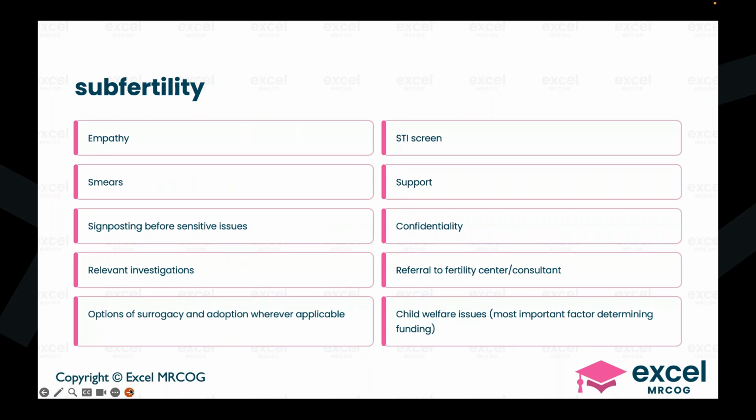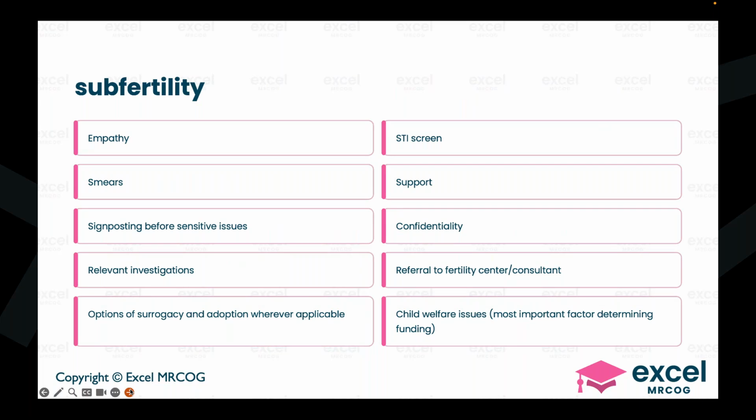Do not forget referral to fertility center, consultant, etc., whenever that is needed. Confidentiality and signposting are very important. We have already discussed this before in the subfertility module. Child welfare issues are important while deciding funding. For example, there is a lady who's been a smoker, say 42 years old, and she's a divorced single woman, and she wants a baby.